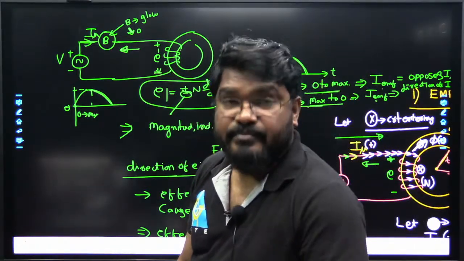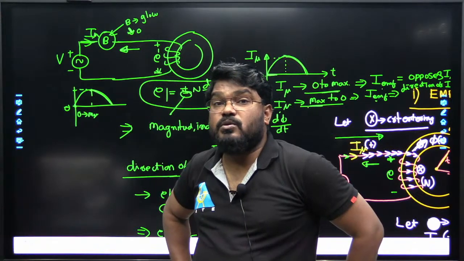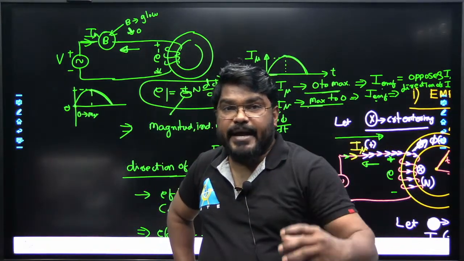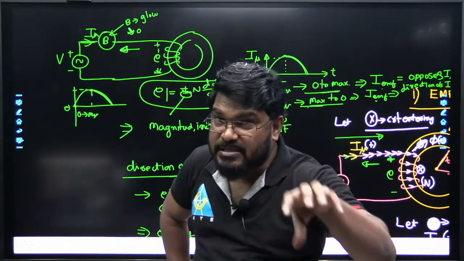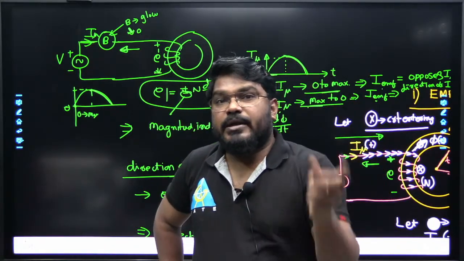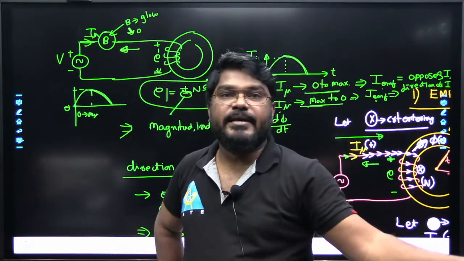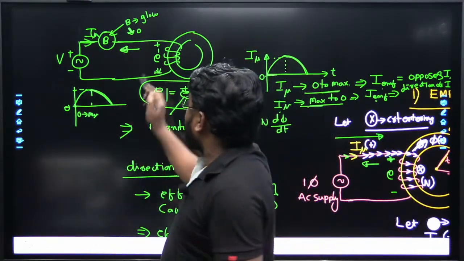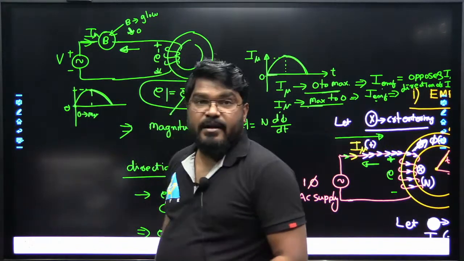Is that clear? How do we take the polarities of induced EMF? Whenever the magnetizing current changes from 0 to the maximum in the positive half cycle, the induced current opposes the existing magnetizing current. That's why we have taken positive polarity and negative polarity.